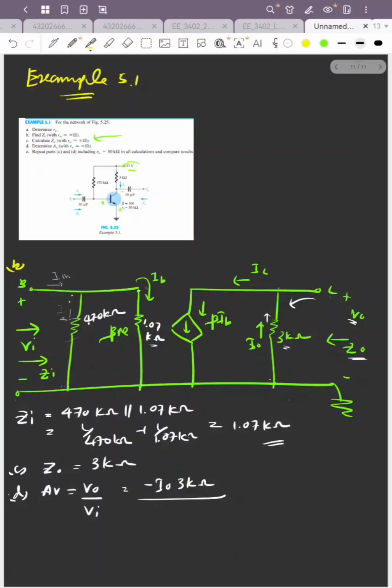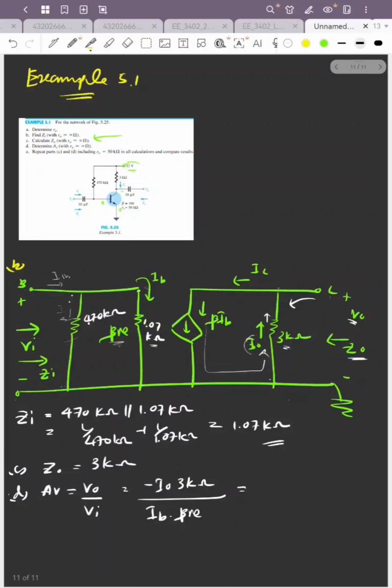So what is the VI? VI equals IB into beta RE. You all know that, as you can see, this beta IB is going through like this.